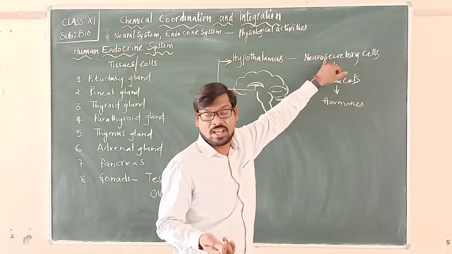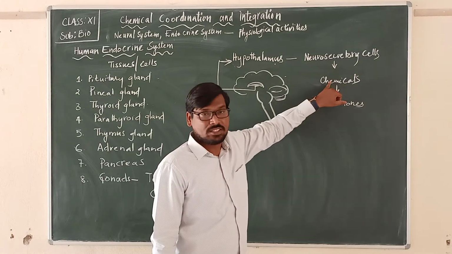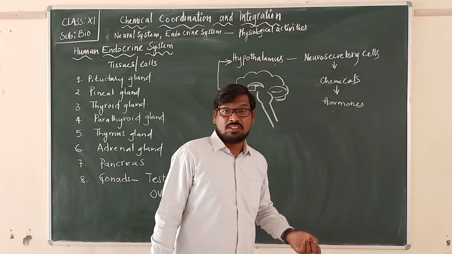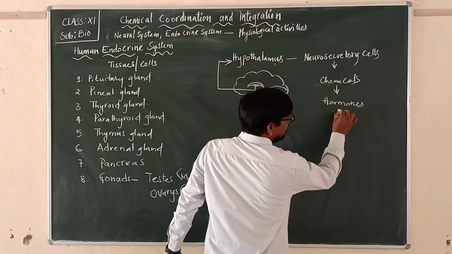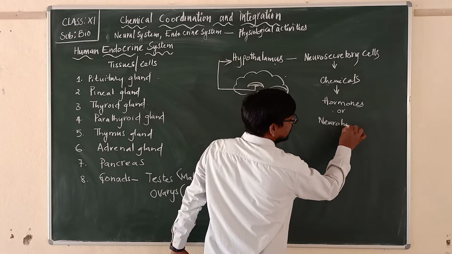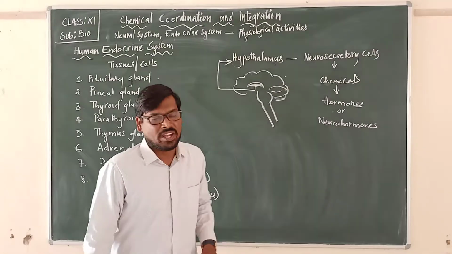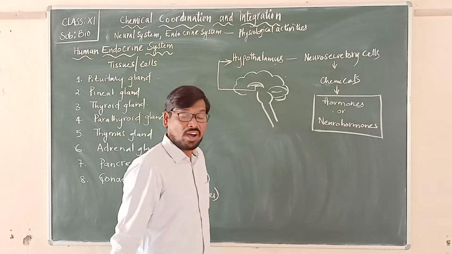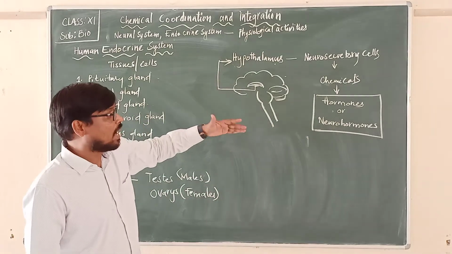These neurosecretory cells produce certain chemicals, and these chemicals are called hormones. And these hormones are also called neurohormones.